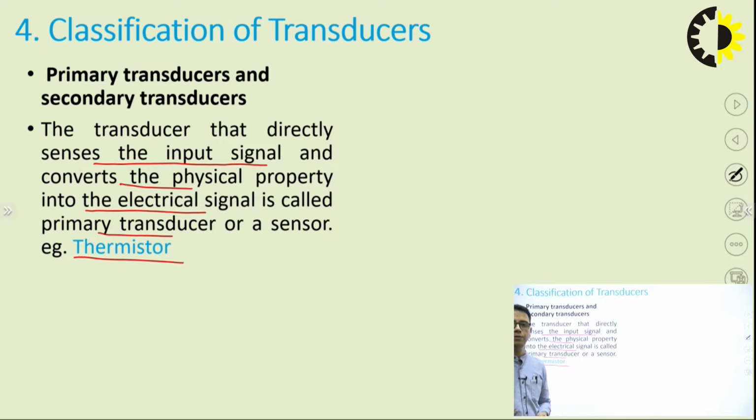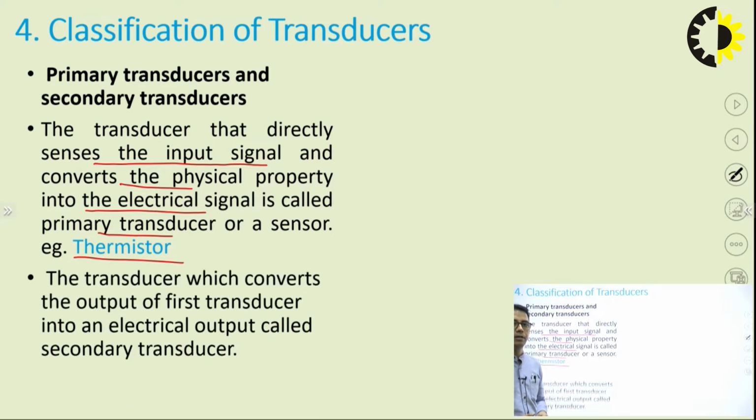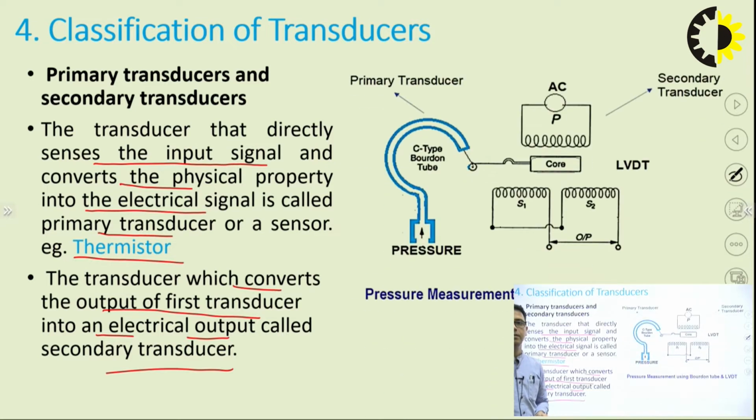They require some sort of intermediate stage. They first convert the signal into another form, and then the output of the first transducer is converted into electrical output by a second stage transducer, which is termed a secondary transducer. Or we can say in this we require two transducers. One is used to convert one form of energy into another, then that is converted into electrical one.